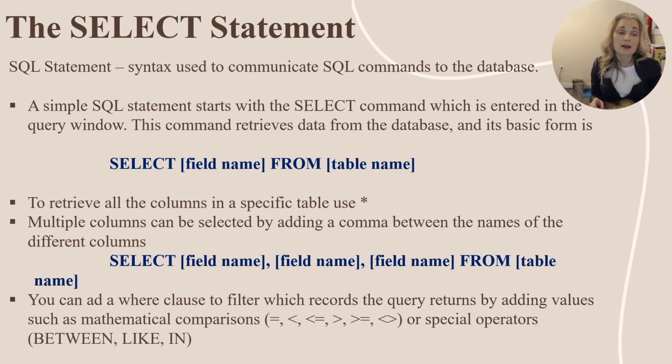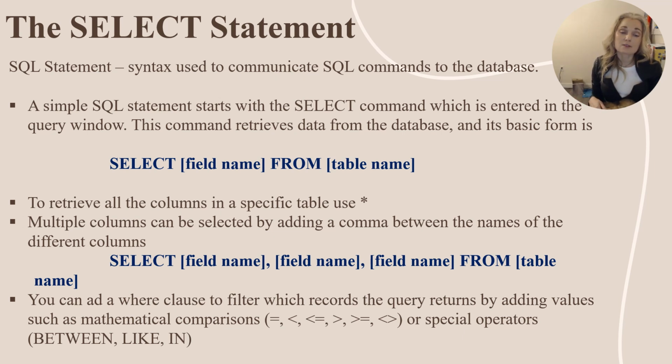And you can add a where clause to filter which records the query returns by adding values such as mathematical comparison. So let's say I have a customer named Jim Mills and I would like to only retrieve Jim's data. I would write select customer name from the customer table where the customer equals Jim Mills.